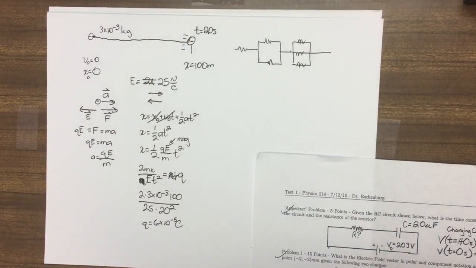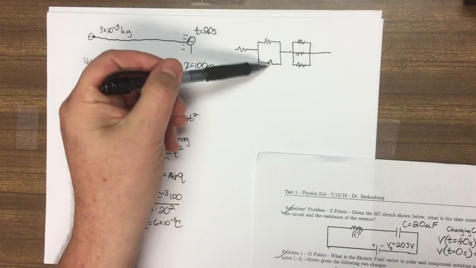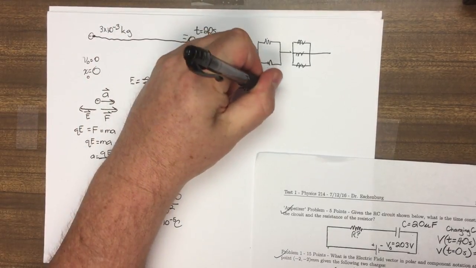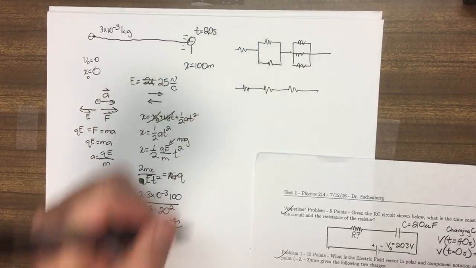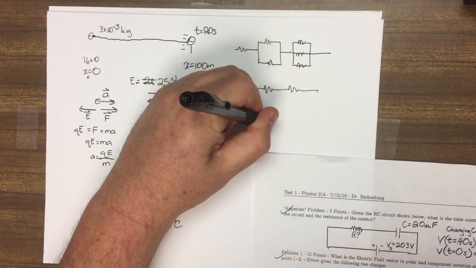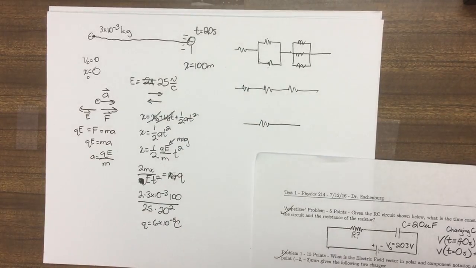The next, we have 2 sets of parallel resistors, this set and that set. So we go to that. And then we have 3 resistors all in series, so it goes from that to that.